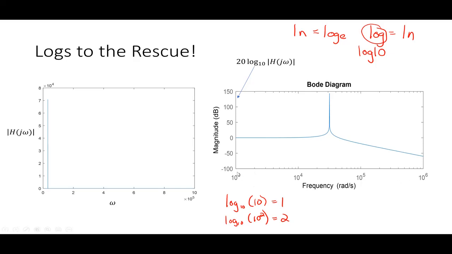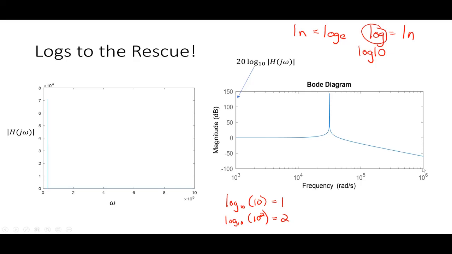If you look at this, I'm plotting essentially between 1,000 radians per second and 1,000,000 radians per second. But what you see is that on this scale, there's an equal spacing between 10 to the third and 10 to the fourth, between 10 to the fourth and 10 to the fifth, and between 10 to the fifth and 10 to the sixth. Obviously, there's a lot more space between 10 to the fifth and 10 to the sixth on a linear scale.